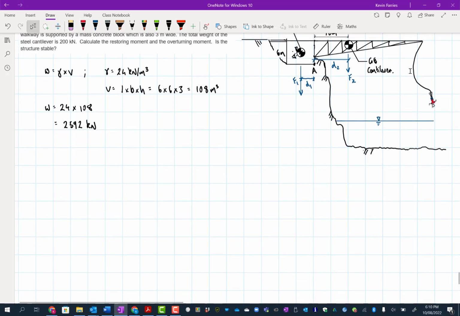Okay, so what we're going to do now is just figure out overturning and restoring moments. So overturning moment first.